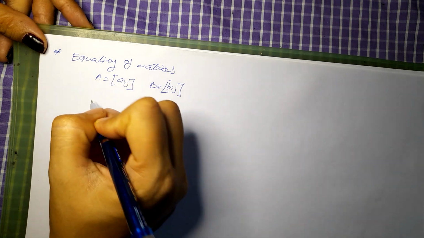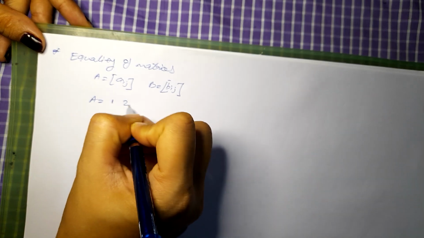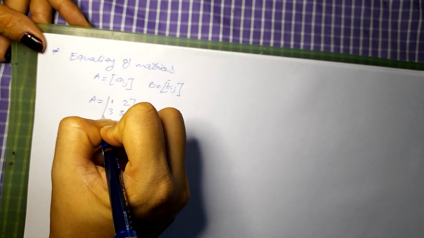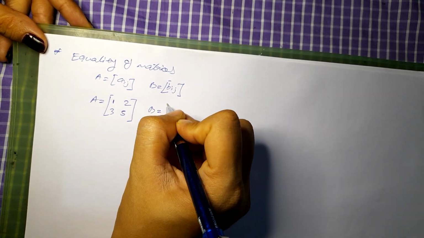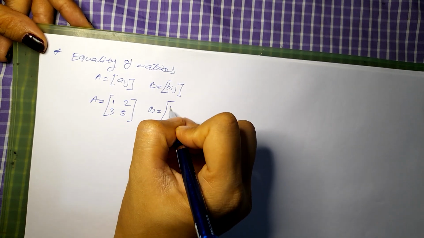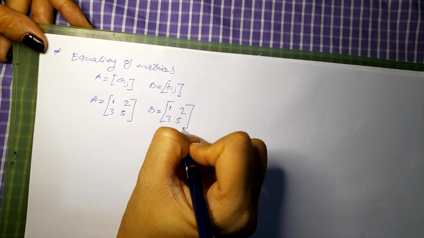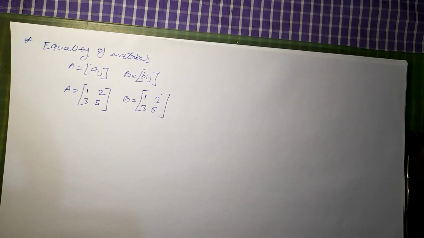Whenever you are going to check equality, meaning whether they are equal or not, the order will be the same, along with all the elements being the same. If matrix A is 1 2 3 5, then the B matrix is also 1 2 3 5. That's why it is an equality of matrices. The order has to be the same along with all the positions.